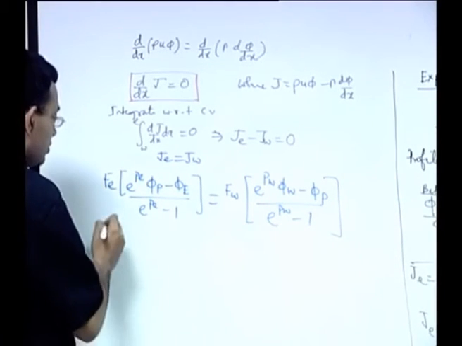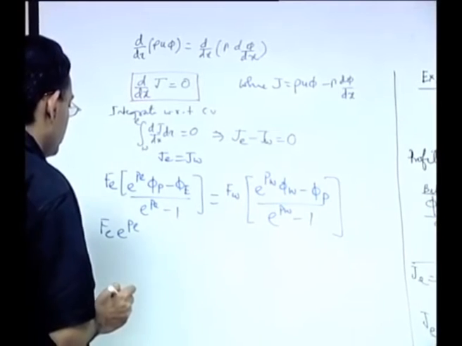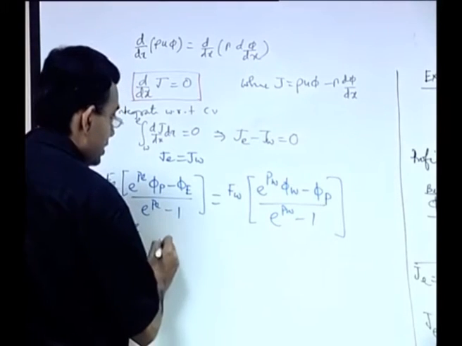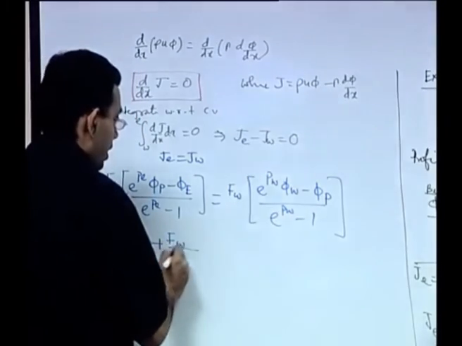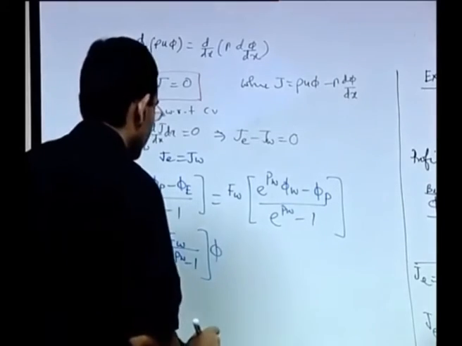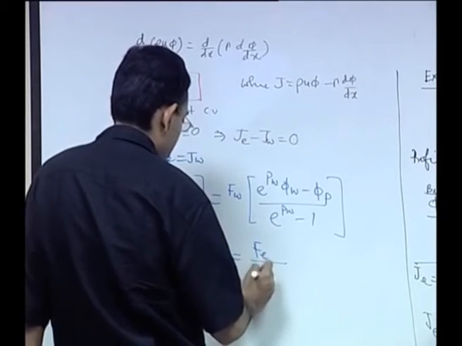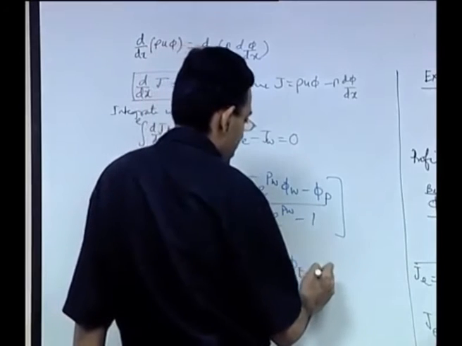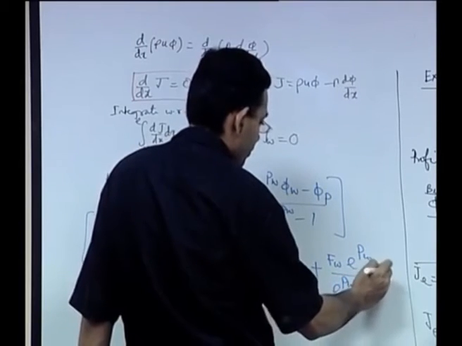So, if we collect all the terms, F e e to the power p e by e to the power p e minus 1 plus F w by e to the power p w minus 1, this times phi p is equal to F e by e to the power p e minus 1 phi e plus F w e to the power p w by e to the power p w minus 1 phi w.